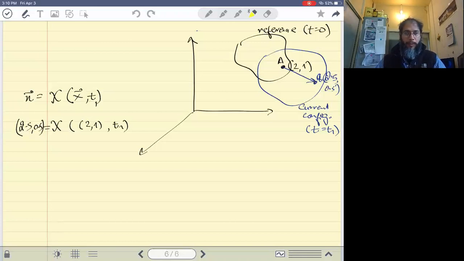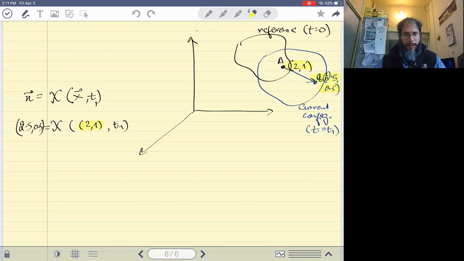So let me repeat this again. You have a point 2, 1, which is this point A in the reference configuration. Now this point A becomes small a in the current configuration. That is, the body moves as a whole, the body deforms, etc. So capital A goes to small a, and small a has coordinates 2.5, 0.5.